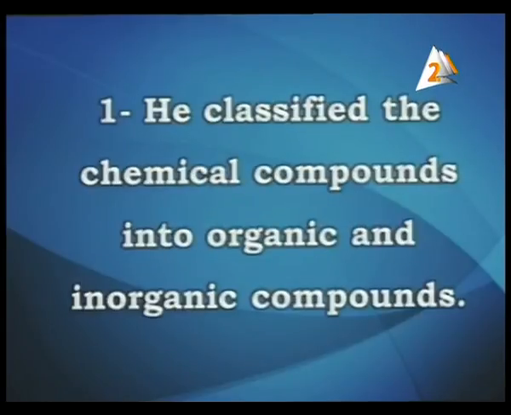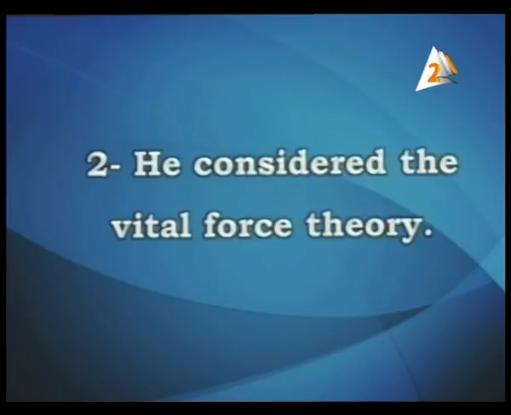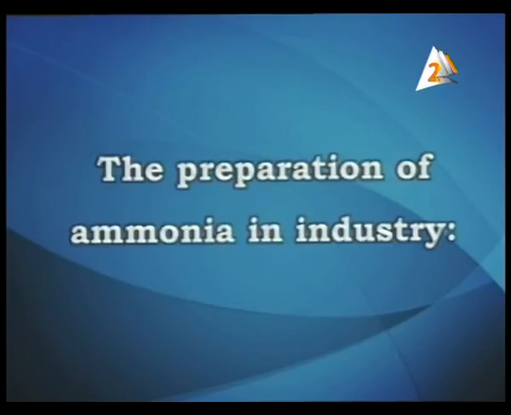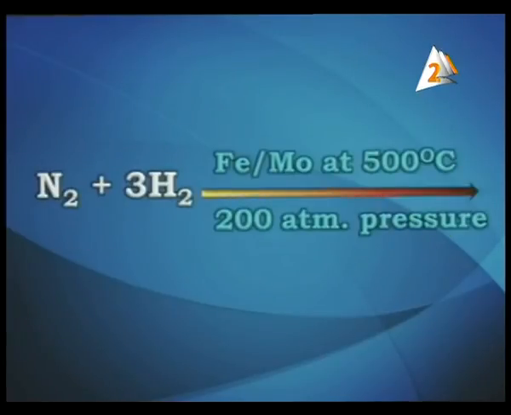Berzelius classified the chemical compounds into organic and inorganic compounds, and also he considered the vital force theory. Haber, the preparation of ammonia in industry. As the equation proceeds on the screen, N2 plus 3H2 in the presence of iron and molybdenum at 200 atmospheric pressure gives ammonia gas.